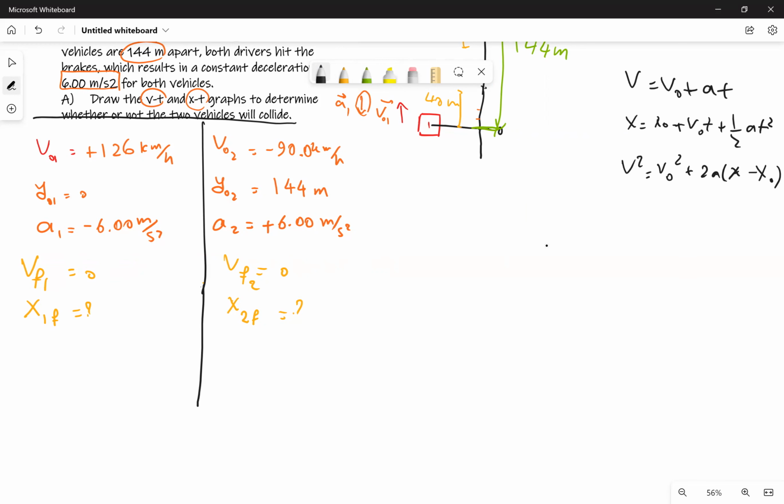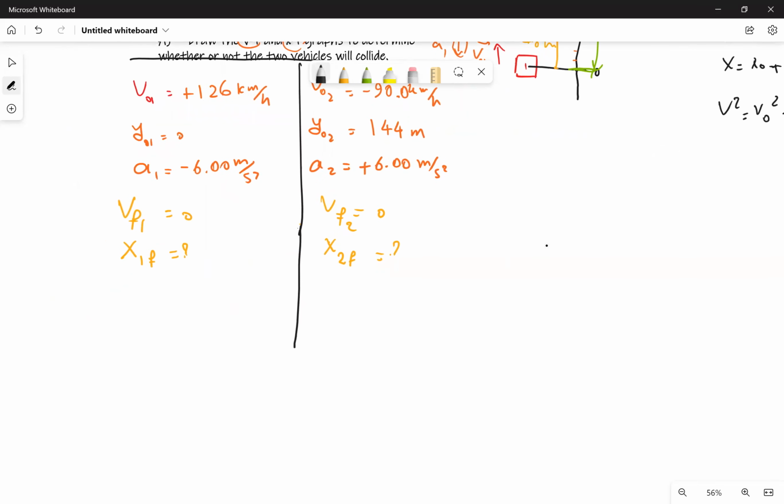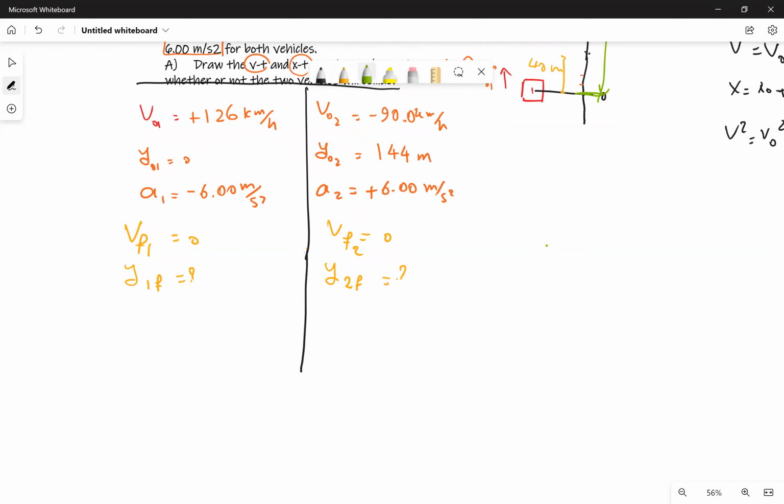So we have these three equations for one-dimensional motion that we talked about. This is for the x-axis, but we can write it down for the y-axis as well. Here I need to remind myself I am on the y-axis: y1f and y2f. Now let's find the stopping distance for vehicle 1.